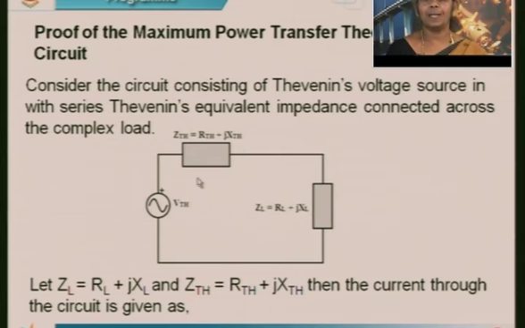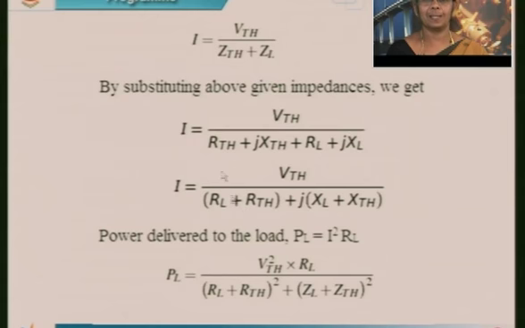And you all know that to add two complex numbers, you have to add the real numbers separately and the imaginary numbers separately, so that it is R Thevenin plus RL plus J into X Thevenin plus XL, the sum of the impedances. Once you find the sum of the two impedances, you can find the current I by applying Ohm's law, which is equal to V Thevenin divided by R Thevenin plus RL plus J into X Thevenin plus XL. That's what is given.